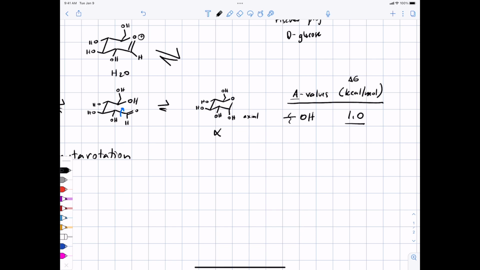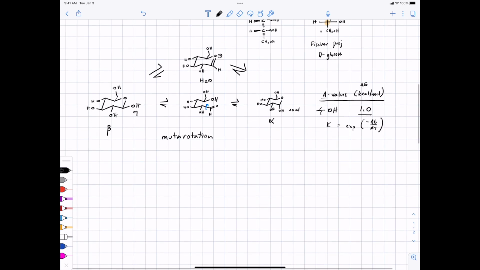A here is for axial. If you use, please do not do this math, if you use the Gen Chem definition of equilibrium constant given a difference in free energy, you can calculate what ratio you expect for beta to alpha based on the A value. And that number here would be about 75% beta and 25% alpha.